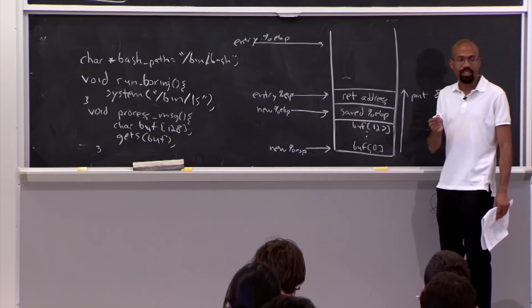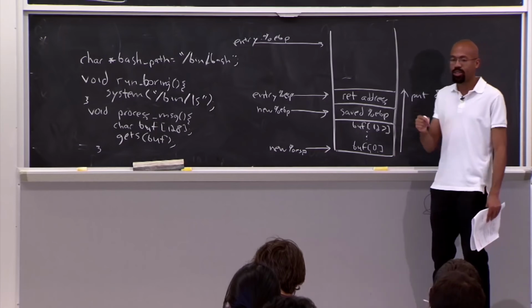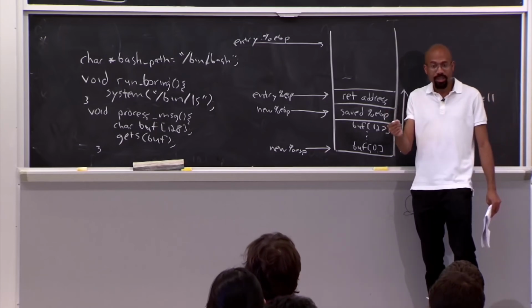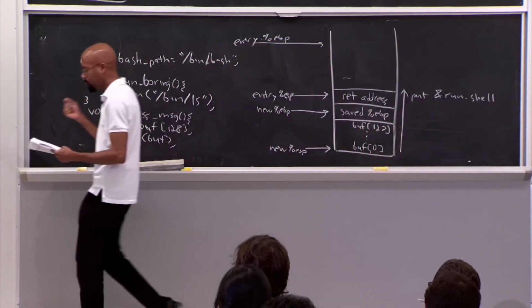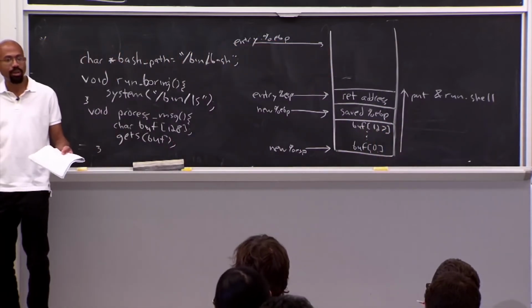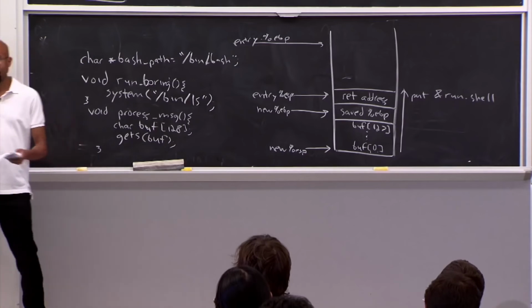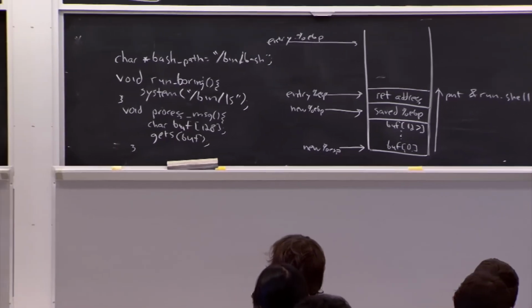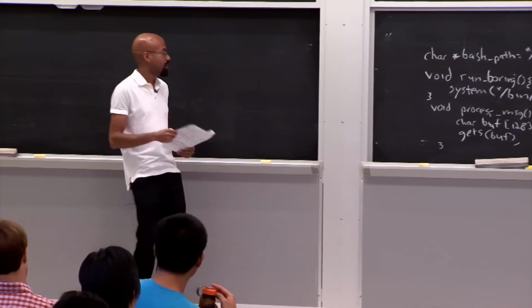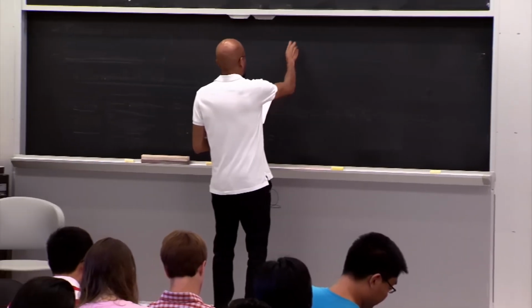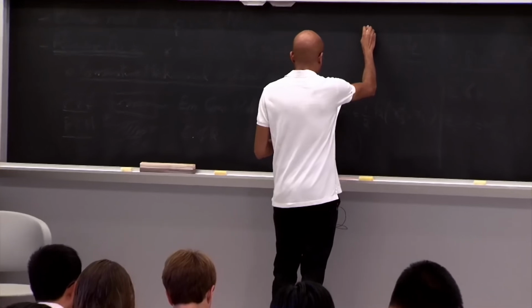Because now we actually have to figure out somehow how to invoke system with an argument of our choosing, right? And so the way that we do that is by essentially faking a calling frame for system. Okay, so remember that a frame is the thing that the compiler and the hardware work together to use to implement the call stack, right? So here's basically what we want to do.